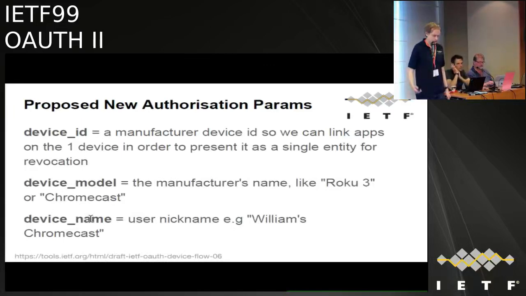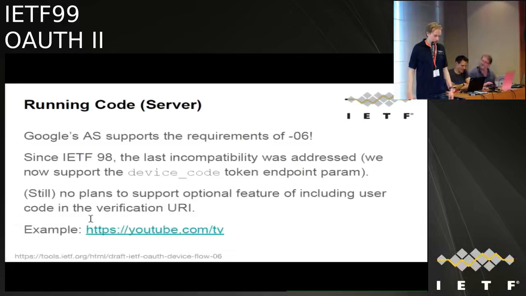All right. Well, glad we had the discussion. Let me just wrap this up. There are no more new changes to propose. So just to go over a bit of running code, a bit of an update. Google's AS is actually now 100% spec compliant with the 0.6 version. Hooray. There was one difference since IETF 98, and I don't think we invalidated that today. So let's hope not.